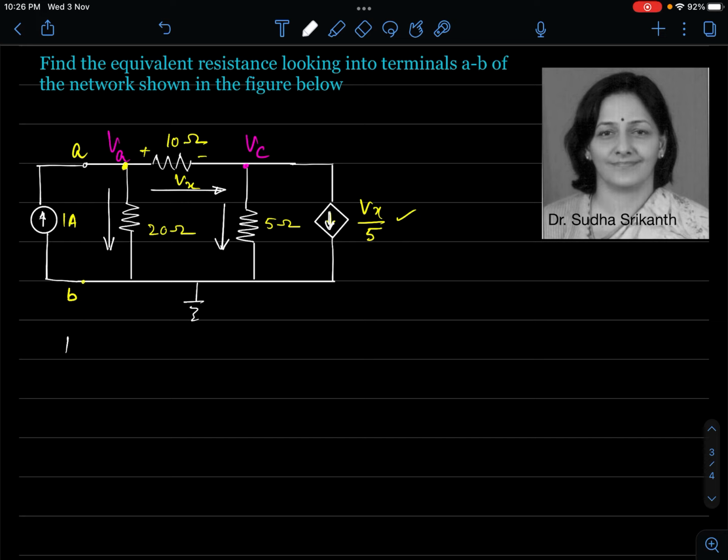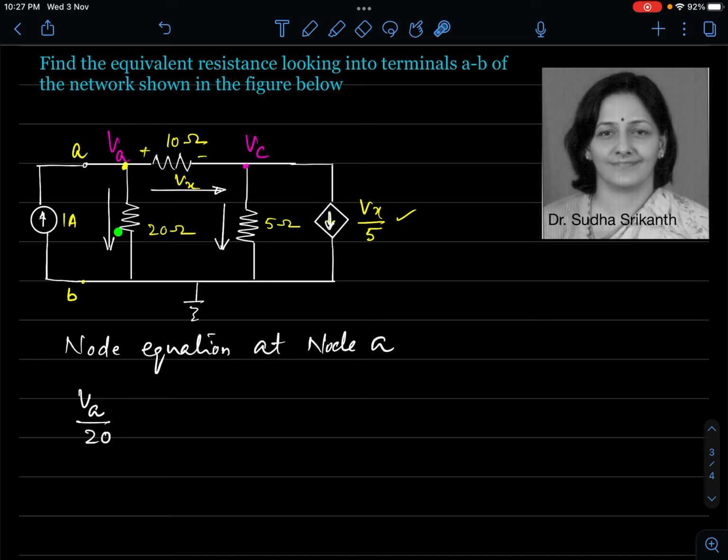Now we will try to write the node voltage equation, or nodal equation, at node A. What do we write? I'll simply write VA minus 0 divided by 20 is the current. This current is VA minus 0 divided by 20.